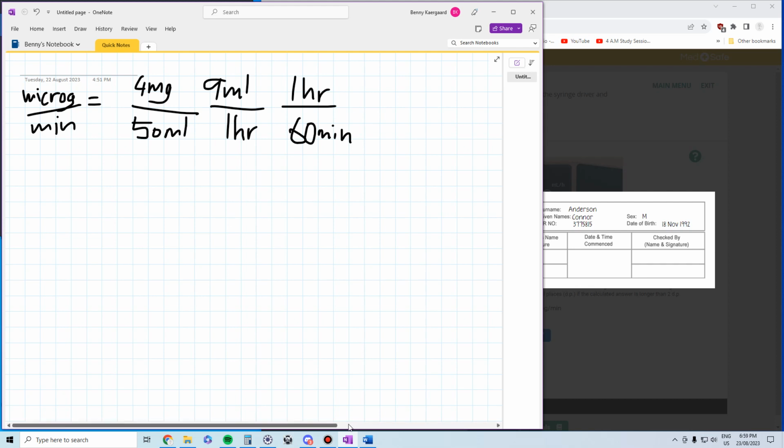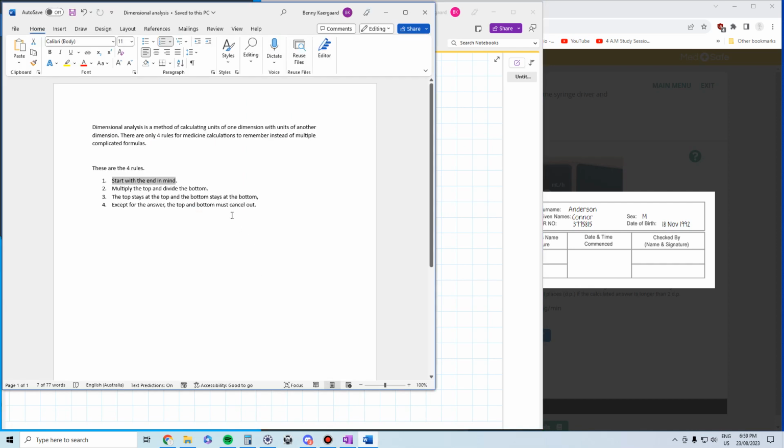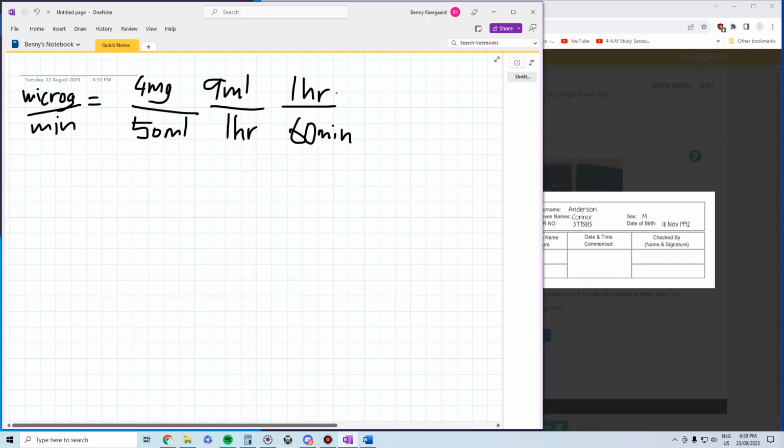And if you're wondering which rule that was, rule 4, except for the answer, the top and the bottom must cancel out. So now we see this cancels out, this cancels out.